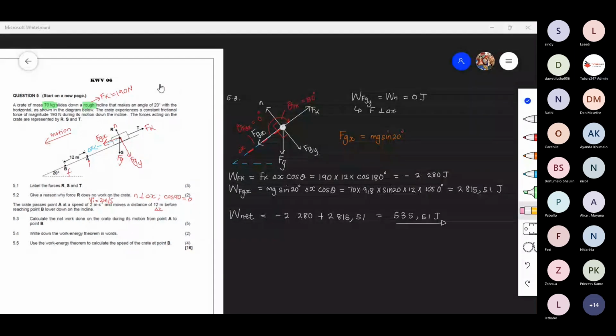Okay, so that is question 5.4. No calculation necessary. It's just a simple definition of a law, and let us proceed.